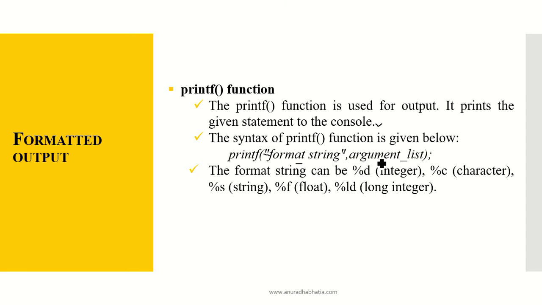If I am using one, then I have to have the argument list supporting that format string. Now what are these format strings? %d if I'm trying to print an integer in the printf statement, %c if it is a character, %s if it is a string, %f if it is a float, %ld if it is a long integer. These are a few examples of format strings. We will see more examples as we see more programs in the videos that follow.